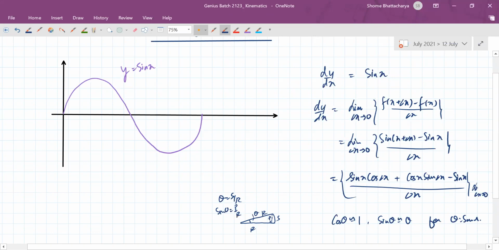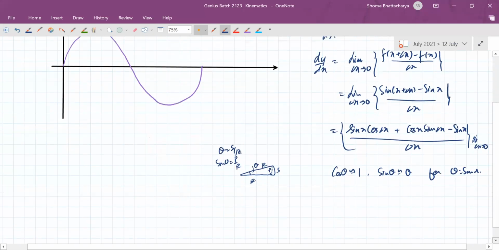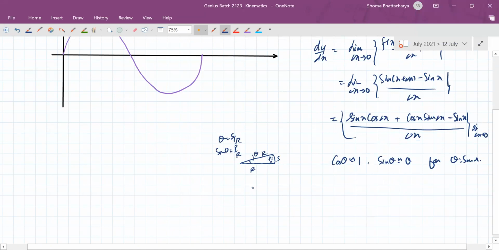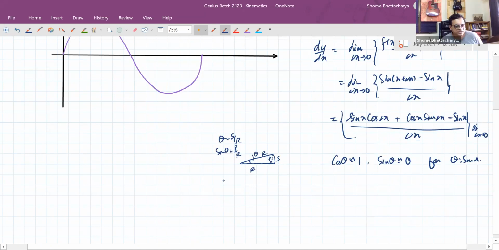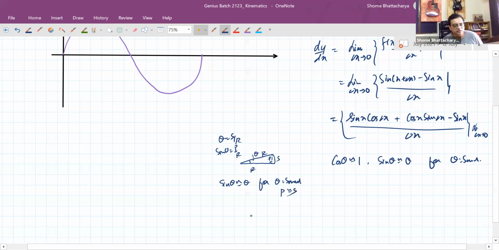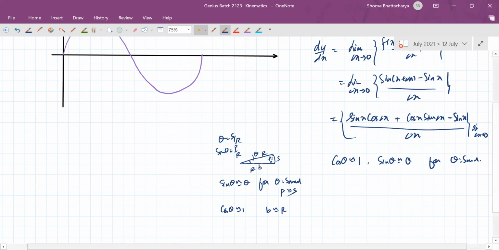If theta is very small, then there's hardly any difference between the arc length and the perpendicular. So we have this approximation that sine theta is approximately equal to theta for a small angle: the perpendicular becomes approximately equal to the arc length. And cos theta becomes approximately 1, because the base becomes approximately equal to the hypotenuse, which is the radius.